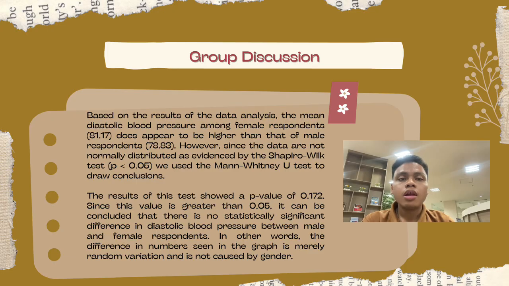The result of this test shows a p-value of 0.172. Since this value is greater than 0.05, it can be concluded that there is no statistically significant difference in diastolic blood pressure between male and female respondents. In other words, the difference in numbers shown in the graph is merely random variation and is not caused by gender.